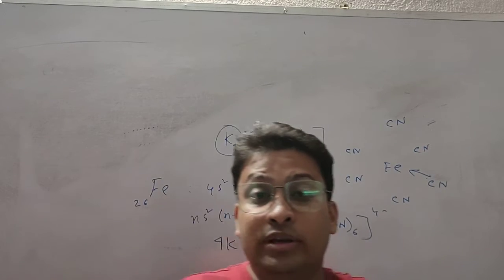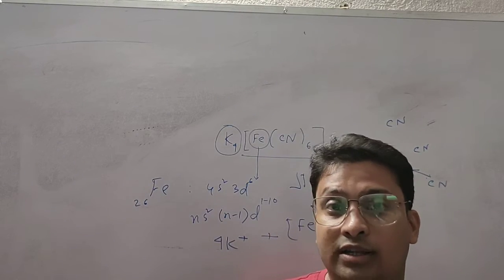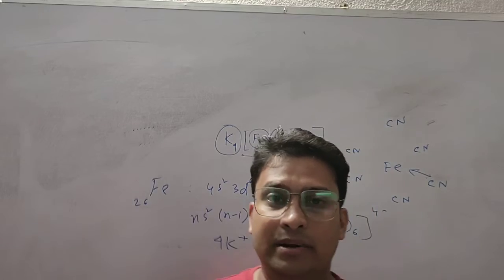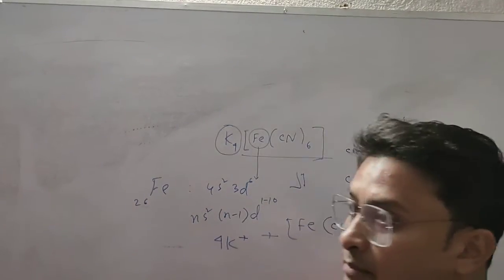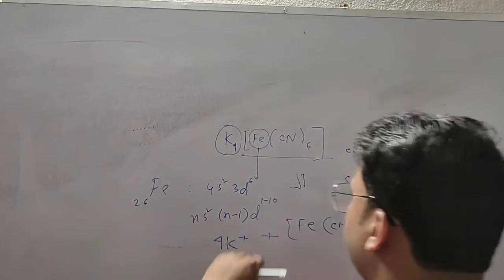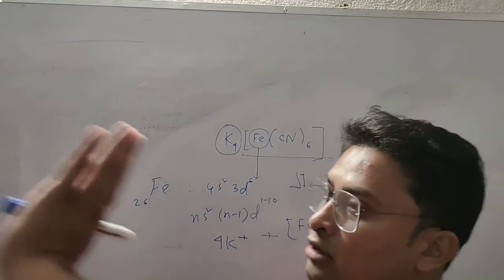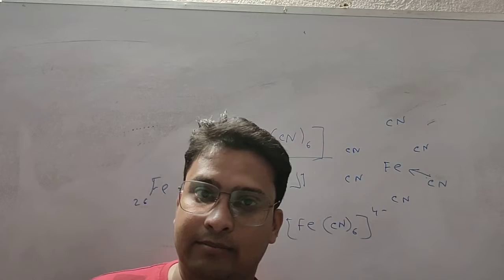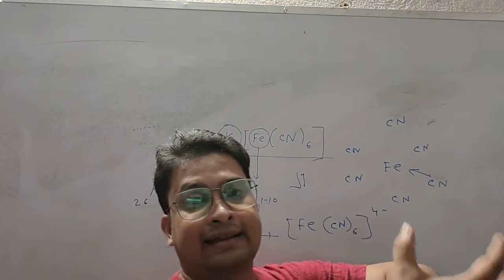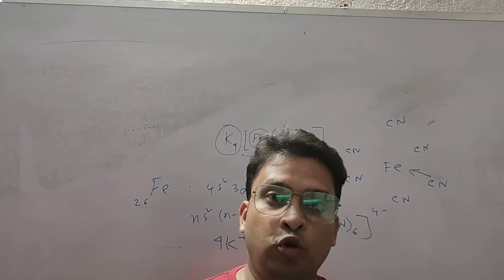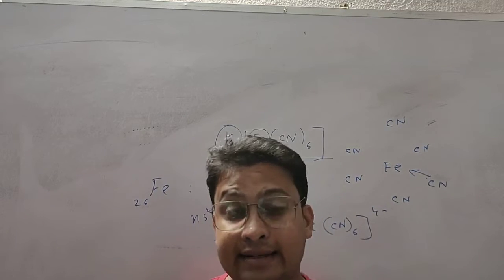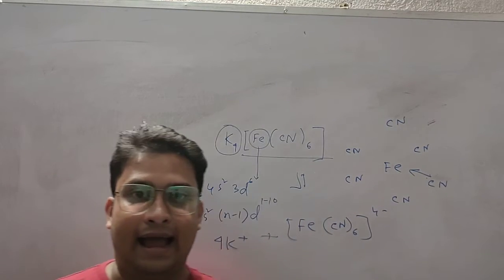Now which can be called the central metal atom? The central metal atom is that element which can accept electron from the ligand. So Fe can be called the central metal atom. As it accepts electron from the ligand, it acts as a Lewis acid.